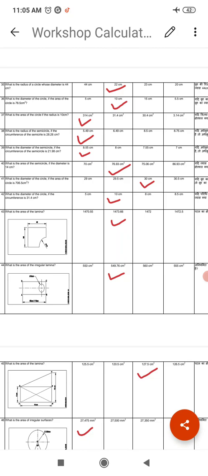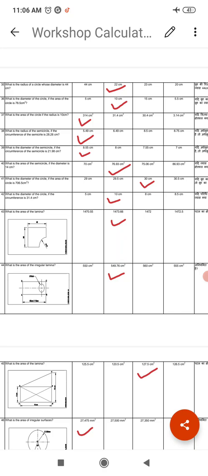Next, what is the radius of the semicircle if the circumference of the semicircle is 28.26 cm? Its answer is 5.49 cm. Option A. Next, what is the diameter of the semicircle if the circumference of the semicircle is 21.98 cm?